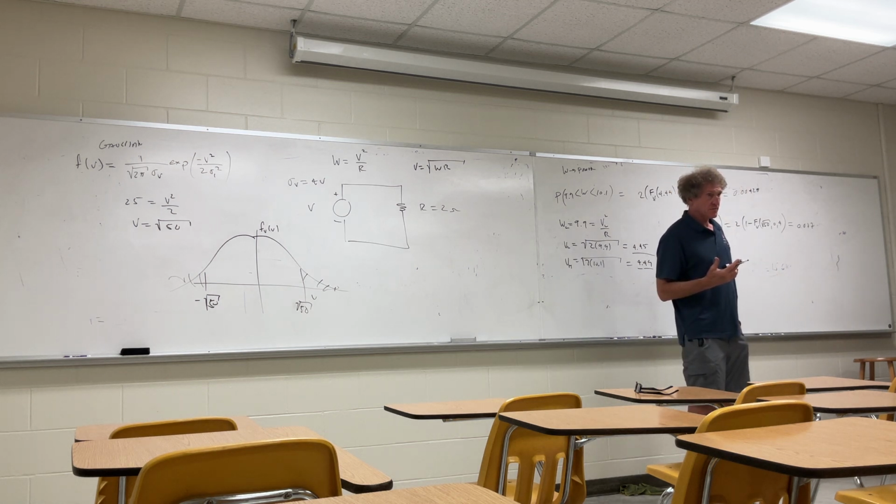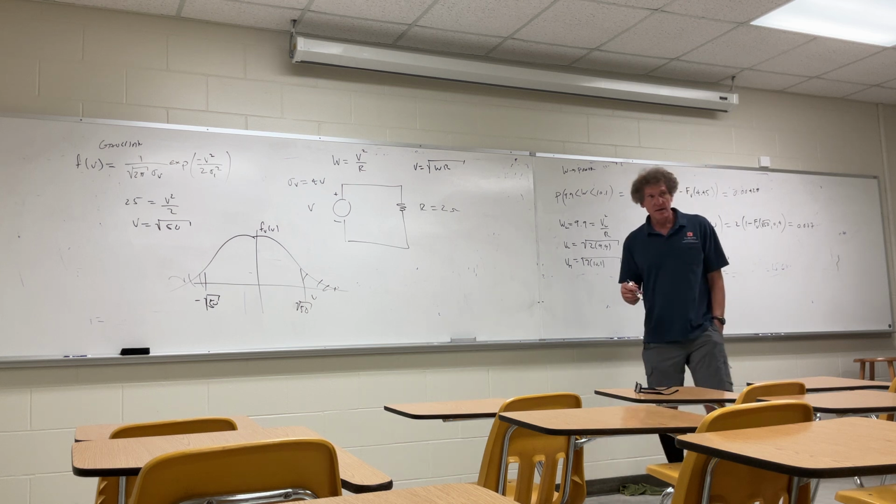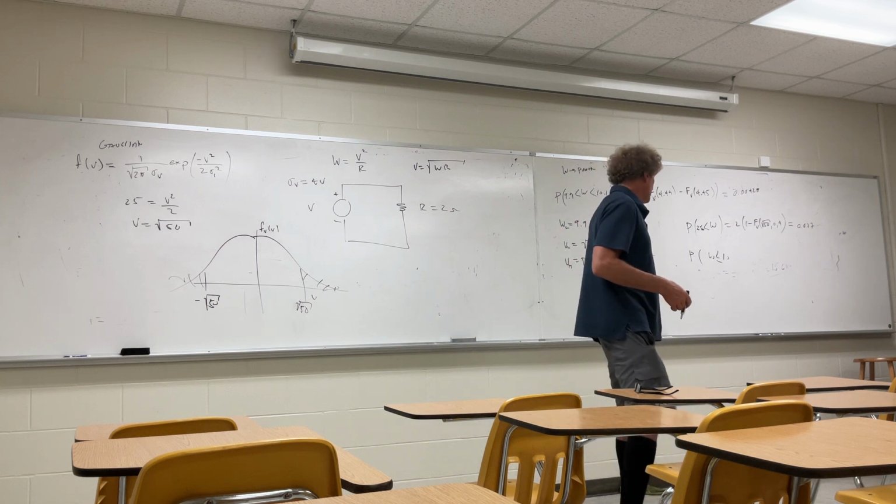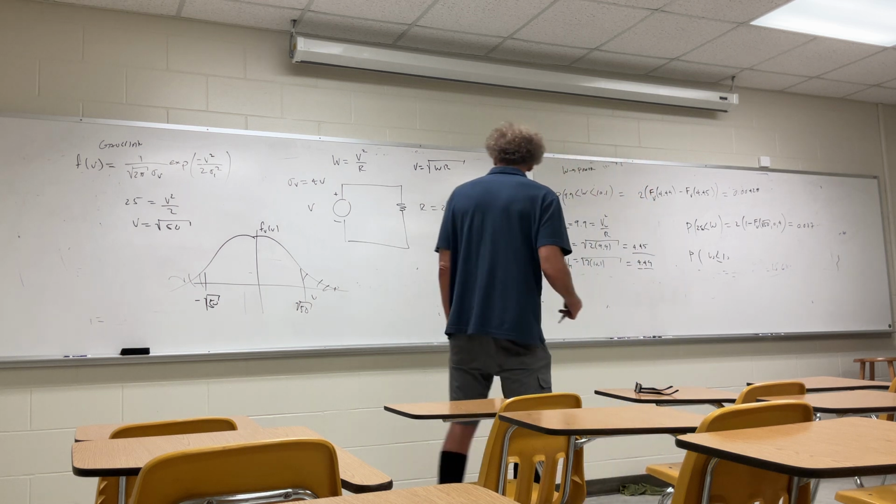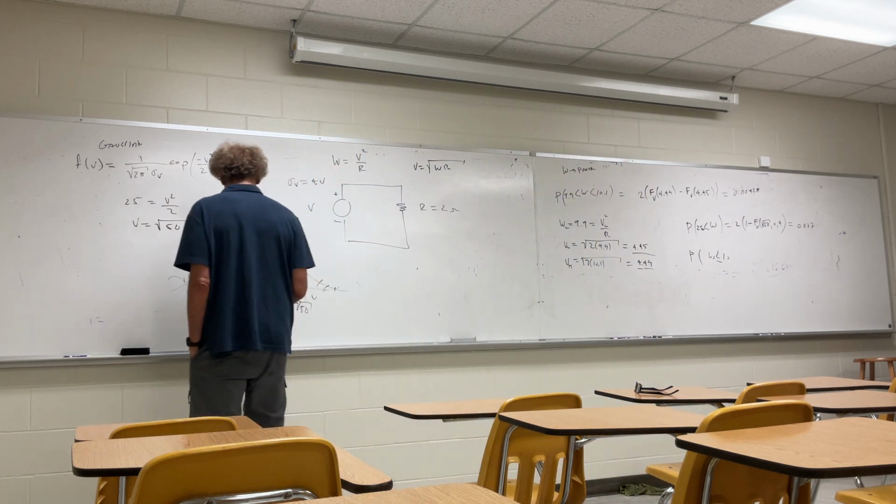Well, power is V squared over R, right? The square root of WR is the V, positive. Agree with that? But it has to be minus too, correct? So really, less than or equal to 10 is what? It's this range.